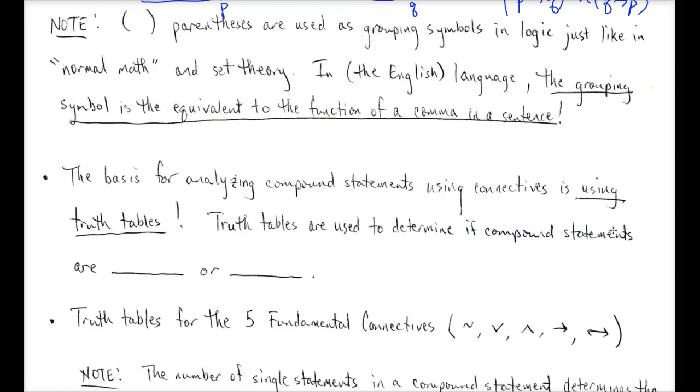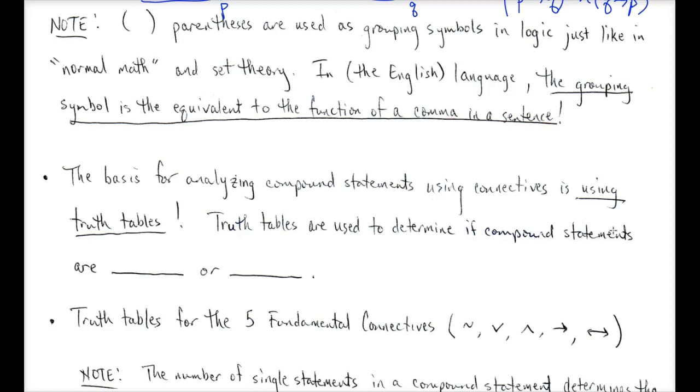It gives us an order in which we need to do things. And of course, in the English language, this grouping symbol is equivalent to using a comma. Okay? And so that statement was just made to make sure that all the things we know for order of operations, as far as which operation has hierarchy over another, we're going to learn here as well.